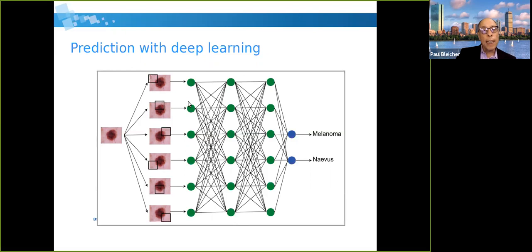And you can see that each node here is communicating to all the other nodes in the next layer and the next layer. And this is a simplification because there can be dozens of these different layers, and there can be 25, 50, even 100 nodes in a particular layer. And then eventually this information is distilled down into a single decision: melanoma versus nevus, malignant versus benign.